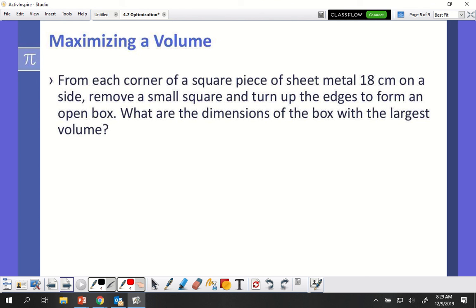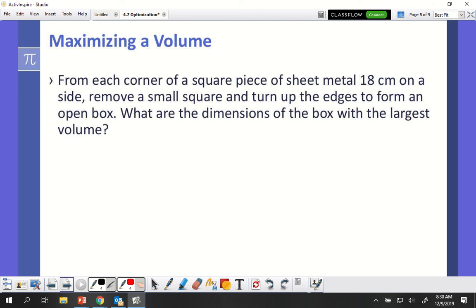I'm taking a flat area, cutting out a corner, and that corner cut out is now going to be what dimension? Something minus x. It's going to be the height of this box.